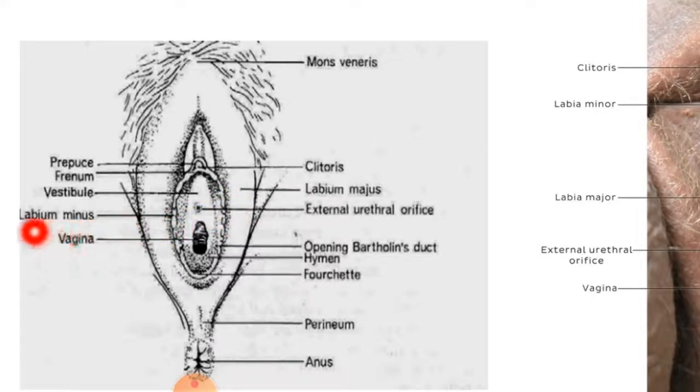This is mentioned in this diagram as well. This is the labia majora, and these smaller folds of skin between the labia majora, you can see these are the labia minora, and they also contain sebaceous and eccrine sweat glands just like the labia majora.